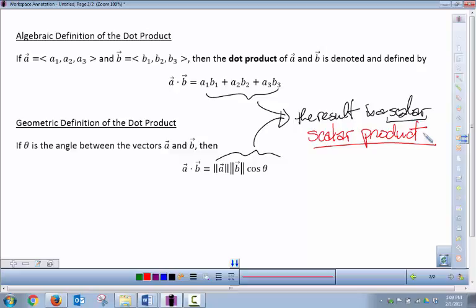So we'll see in the next section that there's going to be another operation where we multiply, in quotes, two vectors together and we get another vector. We'll refer to that as a vector product, but for now, let's worry about the scalar product.